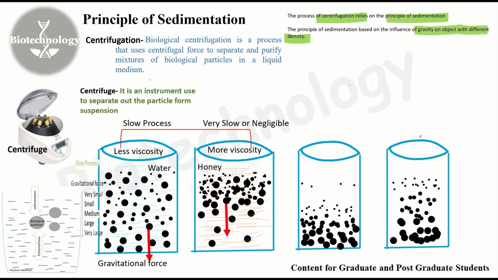Let's understand this with an example. Suppose we have a container. This container we have filled with liquid. That liquid may be water. And when we suspend some denser objects, these black dots are the denser objects. Denser objects means these are having density greater than the density of water.